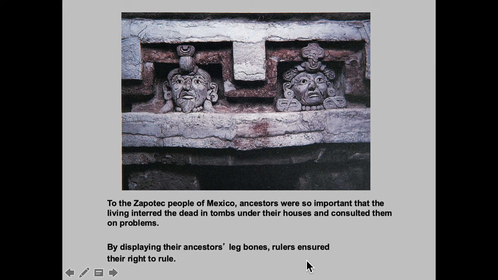And this leg bone ensured their right to rule, so they would wave that around or display it and say this person still was my family member, and if they went underneath, they could see that person being there. Okay, so these were faces that were made in the likeness to some degree, male, and then we have a female here of the ancestors.